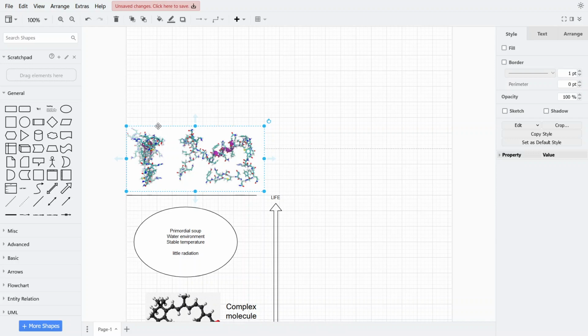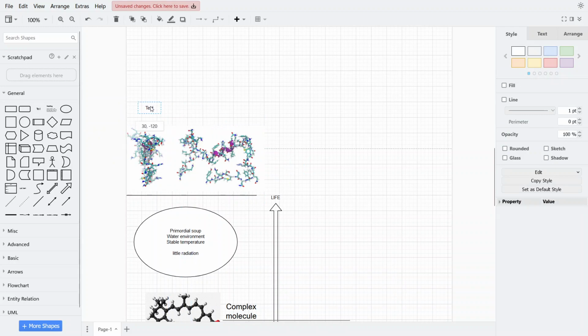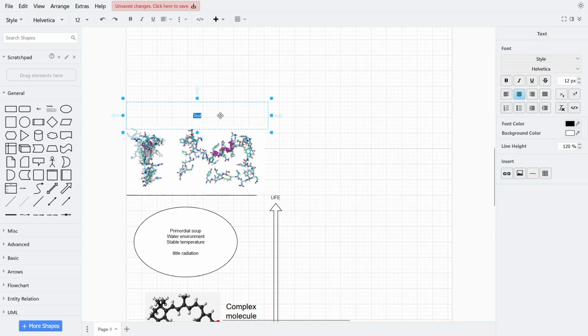So you have a molecular structure that preserves itself.